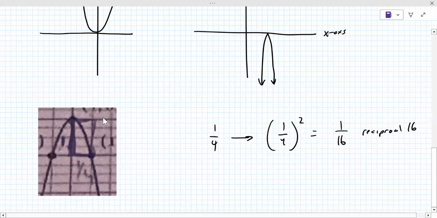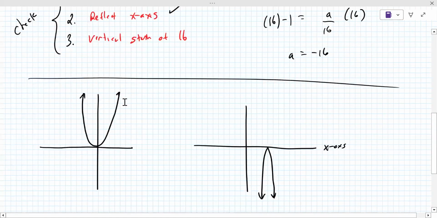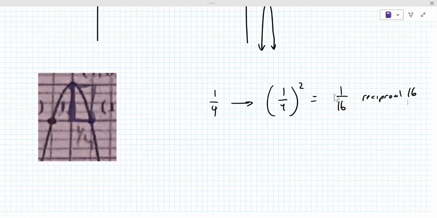In your equation, we had 16. That comes from this 1/4 right here, because you end up squaring it and taking the reciprocal to get the reflection. 1/4 equals 1/16. Yeah, all right, I definitely see that.